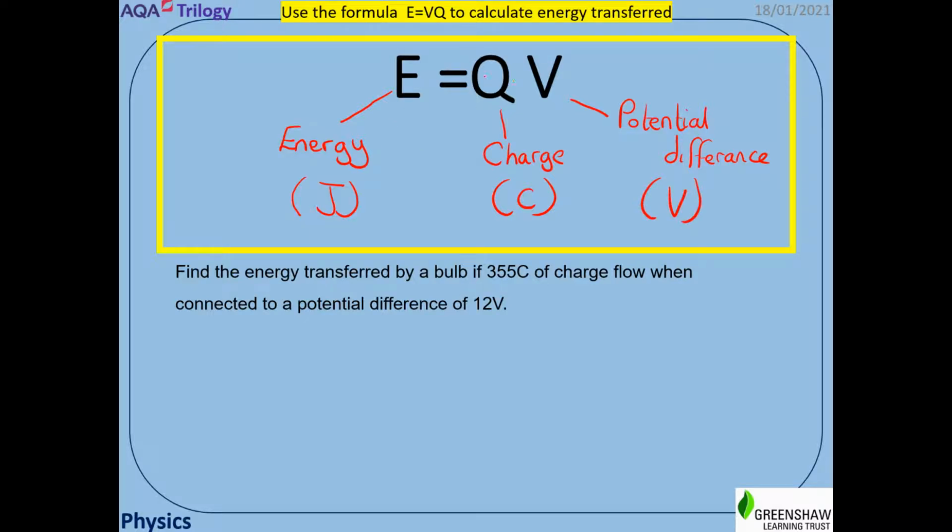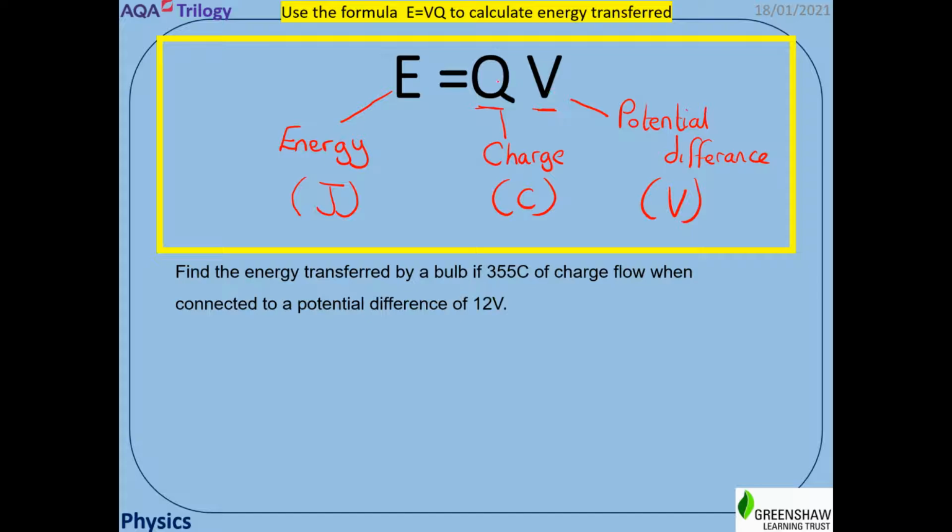Now, this equation is another equation you're going to be required to rearrange. You're going to be required to make Q and V the subject of that formula. Now, if you do that, either way, you are going to need to put the other symbol onto the other side.